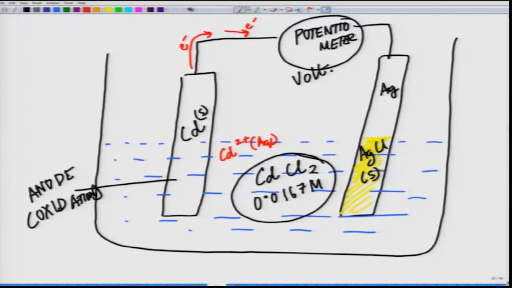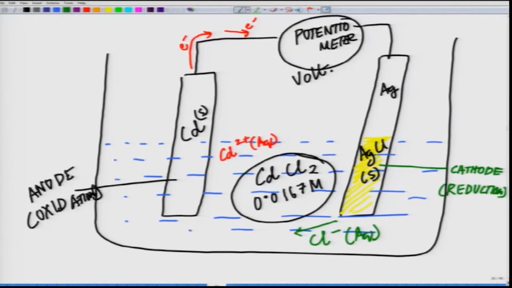Whereas on the AgCl solid electrode, which in this case is the cathode, a reduction is happening. In this case, the chloride will come out into the solution, Cl minus in the aqueous solution, and here you are having the AgCl solid electrode.